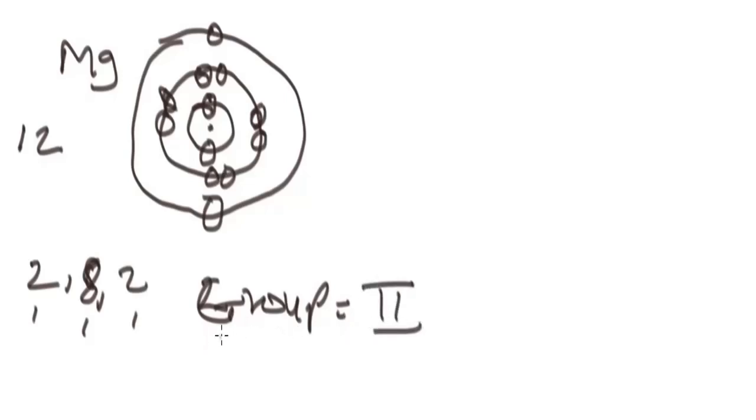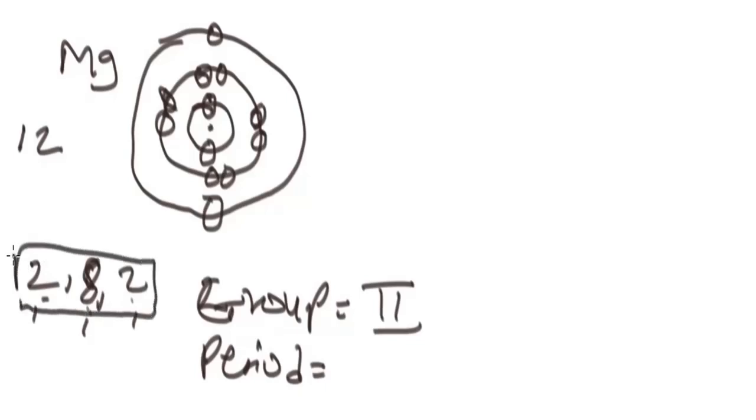Magnesium belongs to group 2, whereas the period of these elements will be the total number of shells in the electronic distribution. So how many shells do we have? We have 1, 2, and 3. So we have 3 shells here.